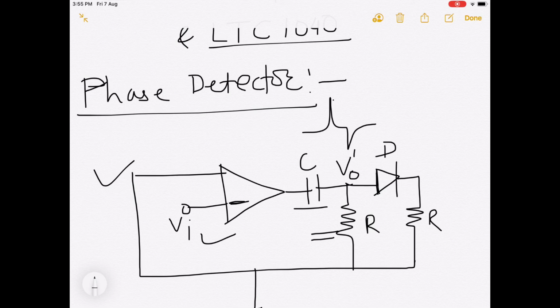And then the diode clips off the negative portion of the waveform. The time marking signal output VL is shown in the figure.